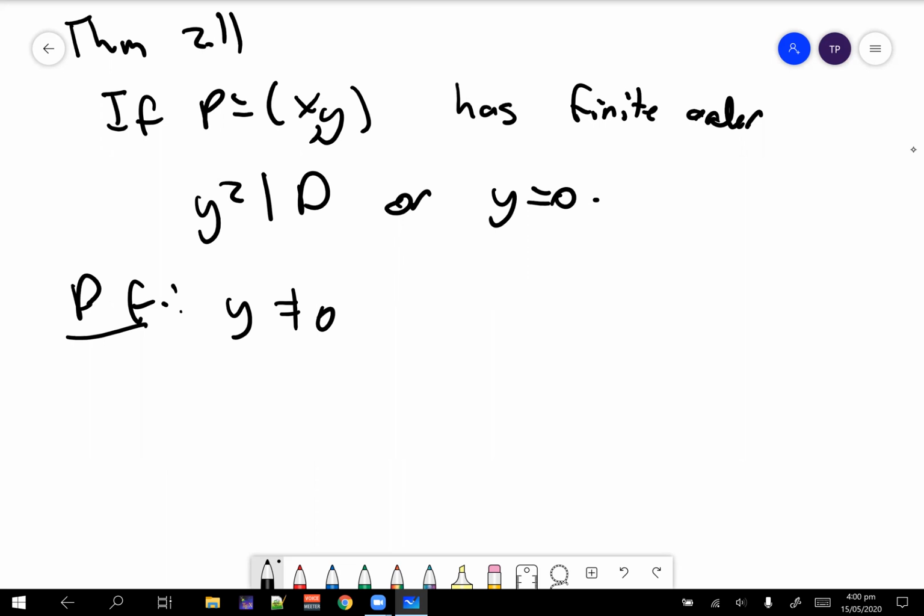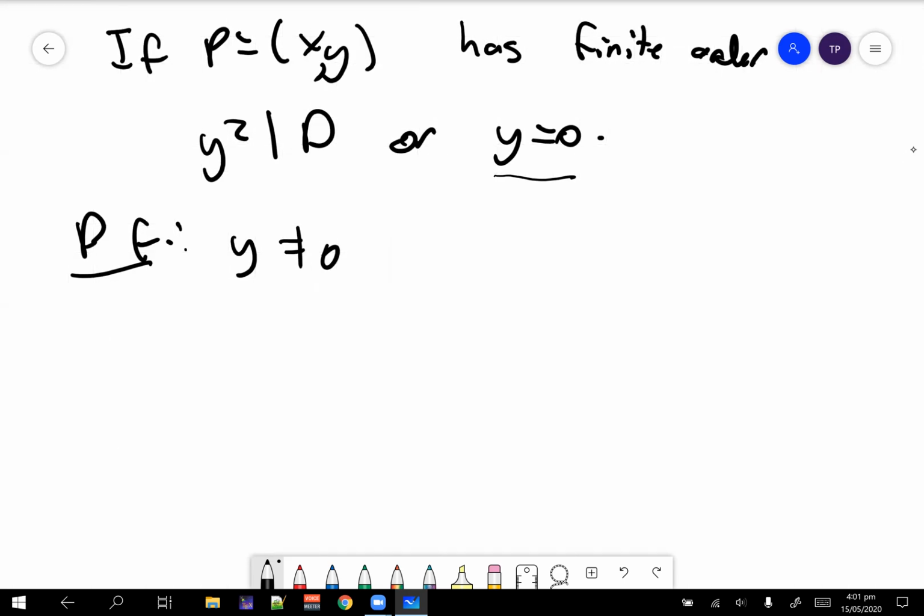If you recall, the birational map falls down for points with 0 in the second coordinate, because that's a point of order 2, and that maps to infinity in our transformed curve C. So if y is non-zero, then the order of P, say it's m, is greater than 2.